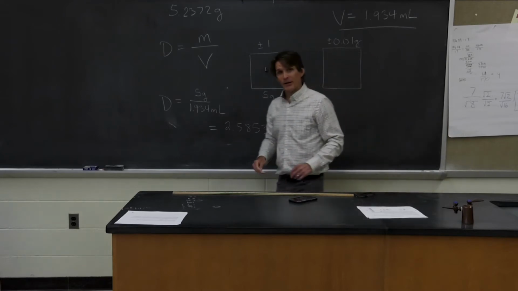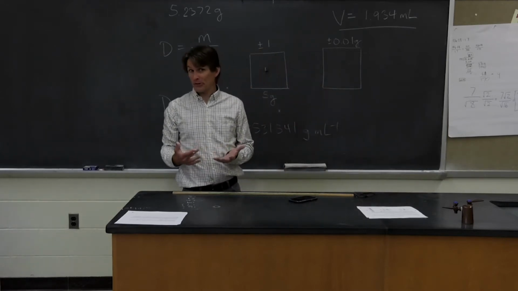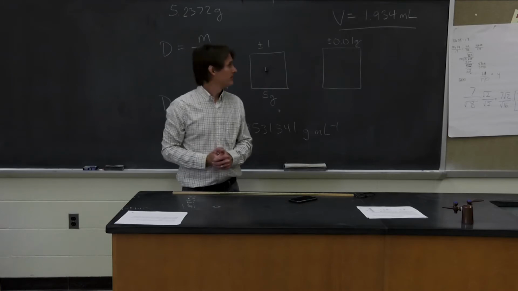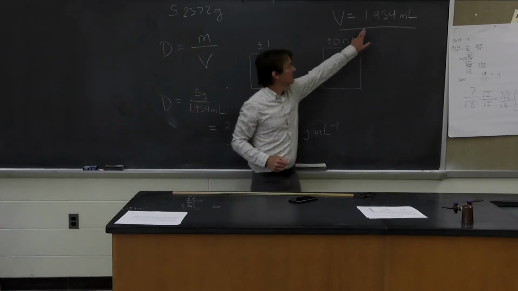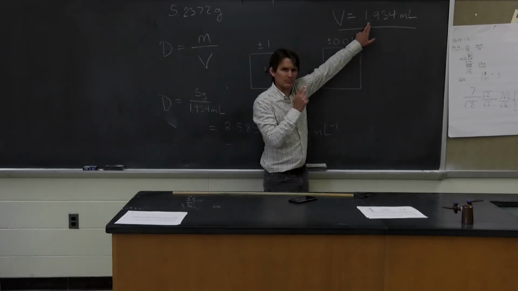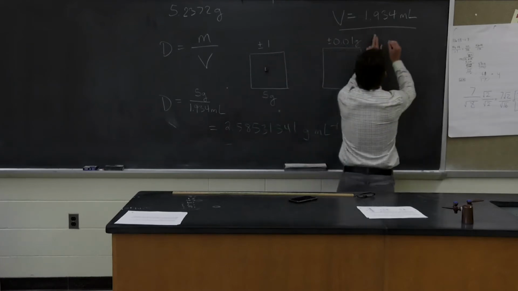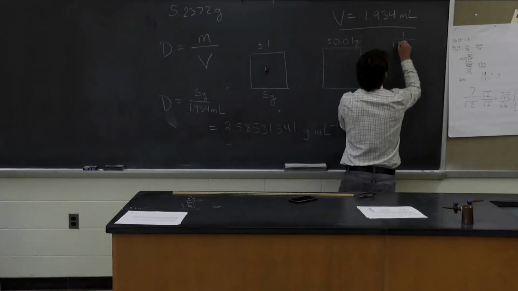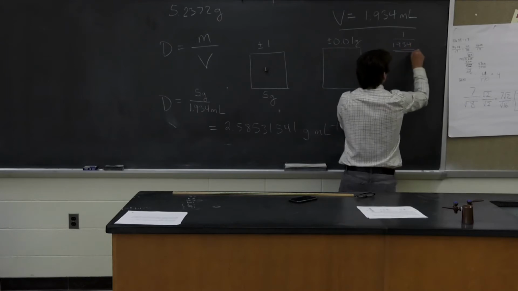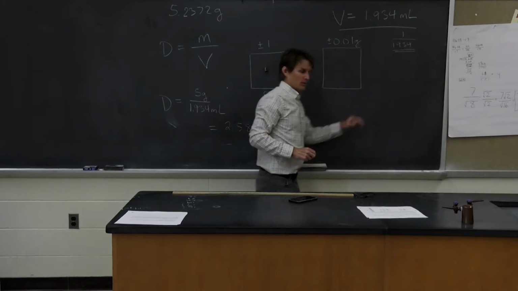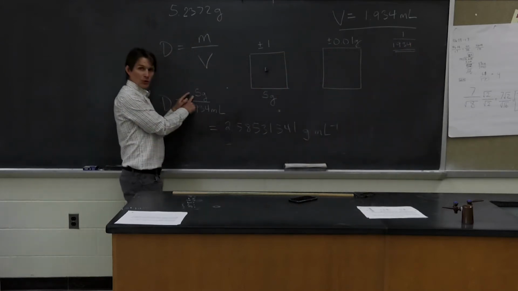Well, let's think about it. What is the worst measurement that I made? Was it this? This has a pretty high precision of measurement. I actually know this number to about 1 in 2,000. But I only know my mass to 1 part in 5.